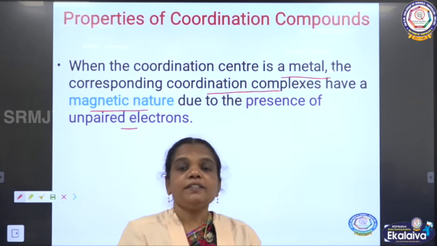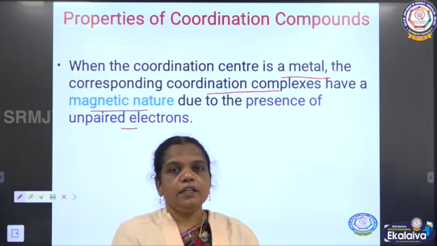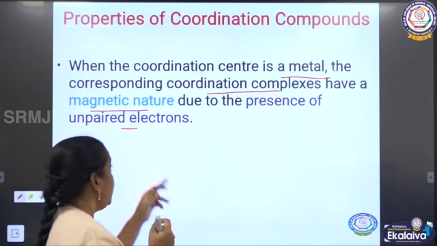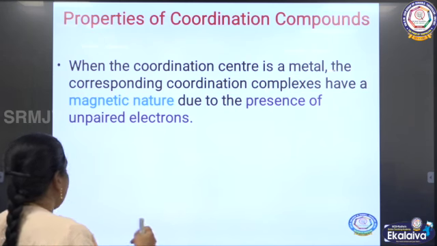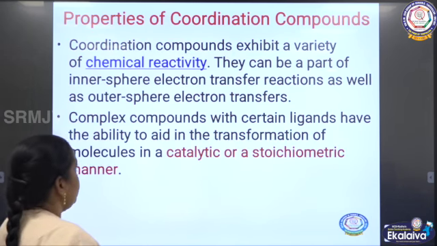The metals present in the coordination compound have unpaired electrons in d orbitals. So, they can be attracted by the magnetic field, so they can show what? Magnetic nature.